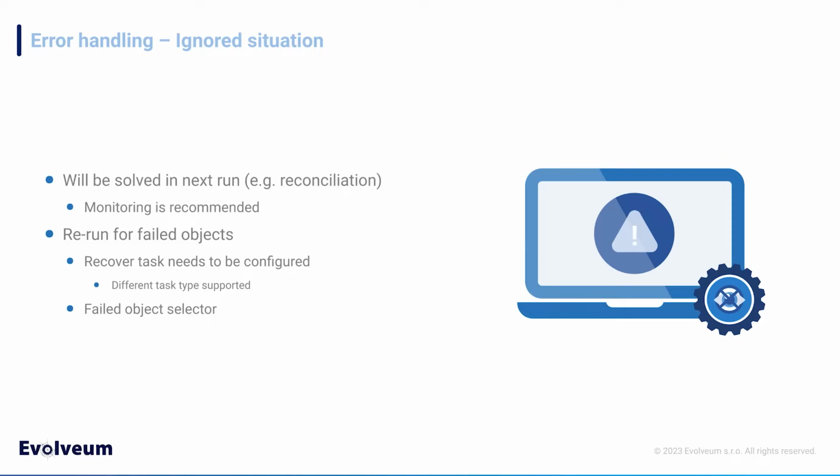Or you can even select based on a time constraint, like when the account failed. For example, you want to run this only for accounts that failed in the last 24 hours. All of this is possible, so you just select the objects and define a new task, which will fix them somehow, and it's up to you what task it will be. It is quite complicated, but on the other hand, it gives you enough freedom to do whatever you need.